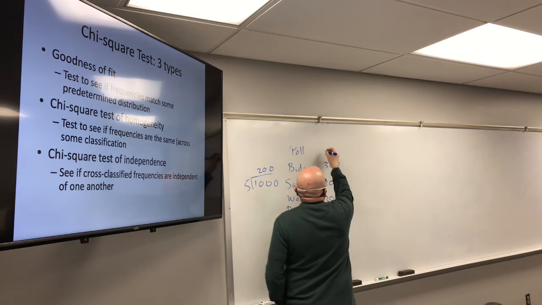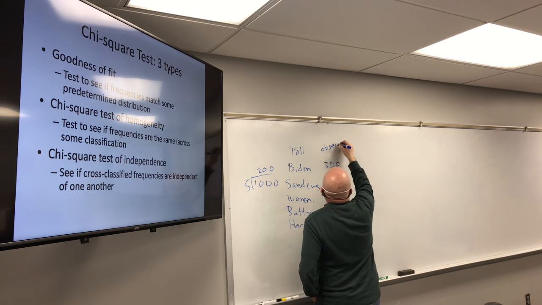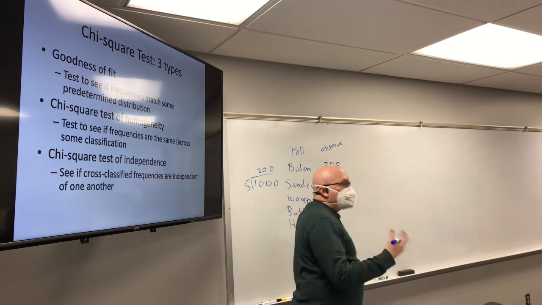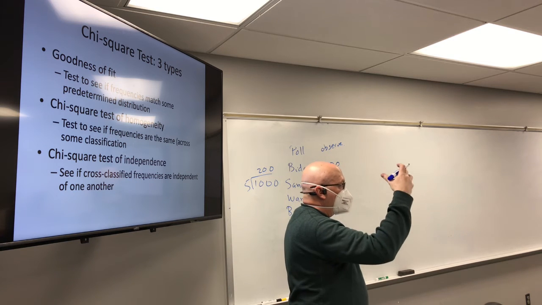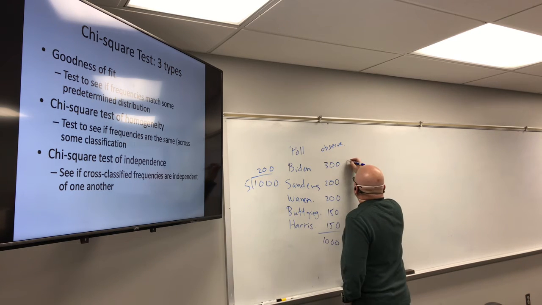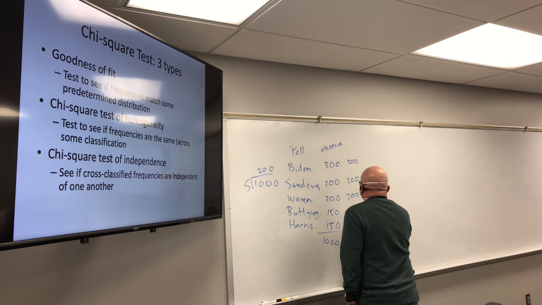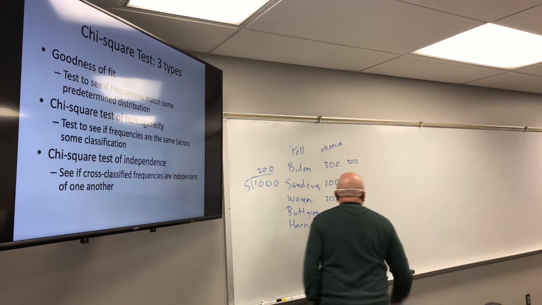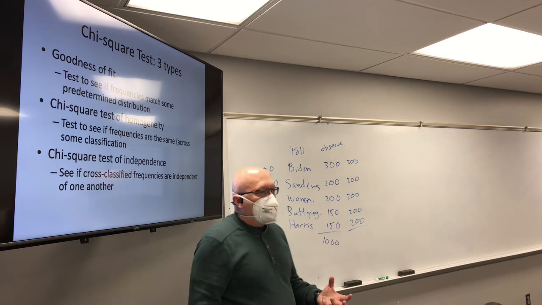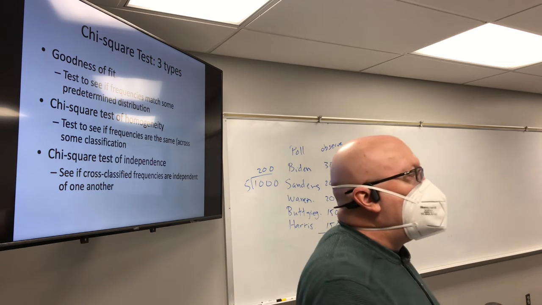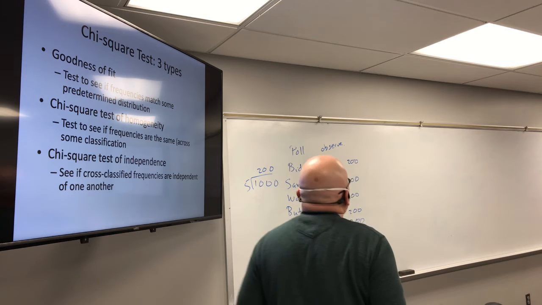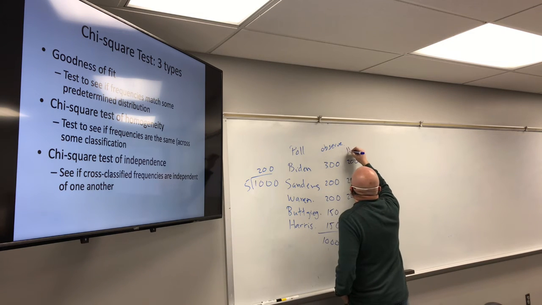So this is what we observe. And the expected in this case is just the expectedness of homogeneity. 200 would be the expected for each of these. And we would compare what our observations are to this expected value of homogeneity.